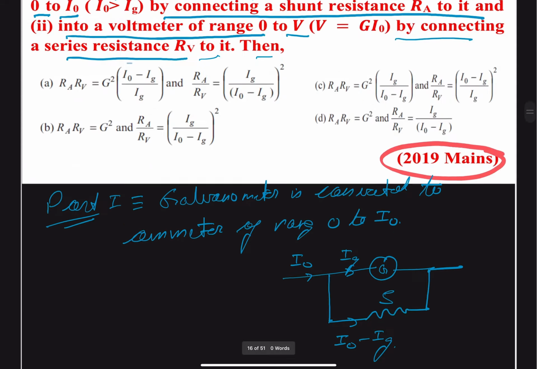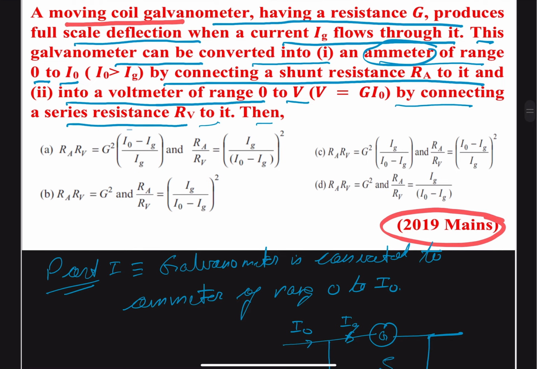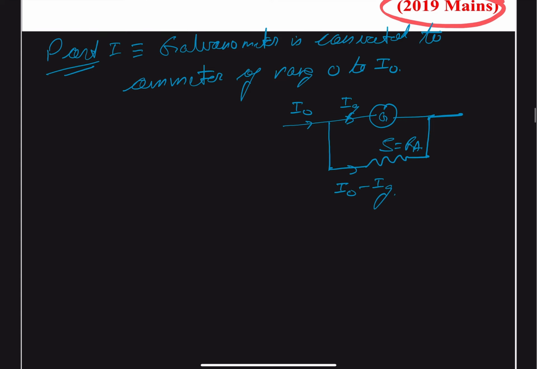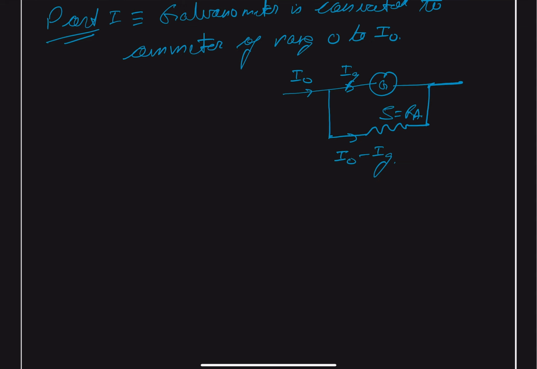The shunt resistance is given to us as Ra. As both are in parallel, the voltage across the galvanometer will be equal to the voltage across the shunt resistance.